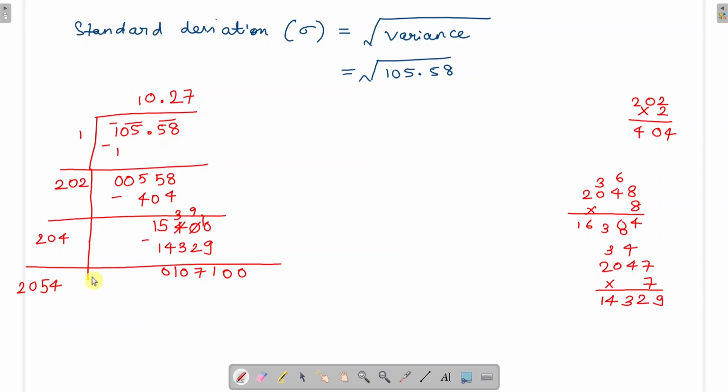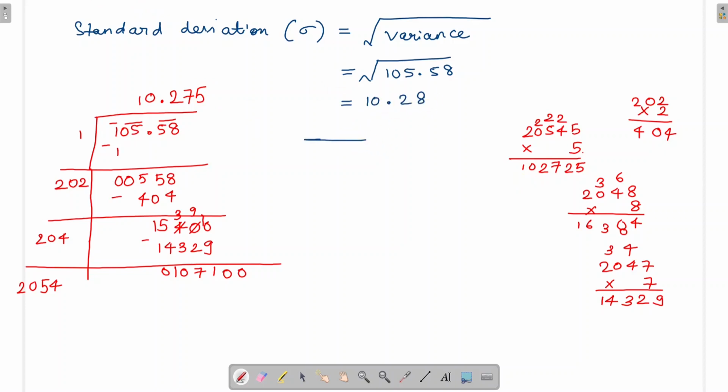So 2054, so 2054 into 2054. 5 into 5, 5 5s are 25, 5 4s are 20, plus 2 is 22, 5 5s are 25, plus 2 is 27, 2 and 10. Okay, so 5 here, so it will be nothing but 10.28. This is the answer.